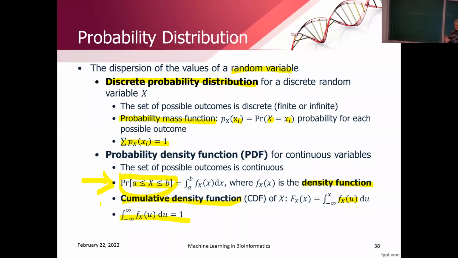But in general, it must be non-negative. It can have any positive value, and the only restriction is that the integral from -infinity to +infinity of the density function must be 1, or the area under the curve must be equal to 1.